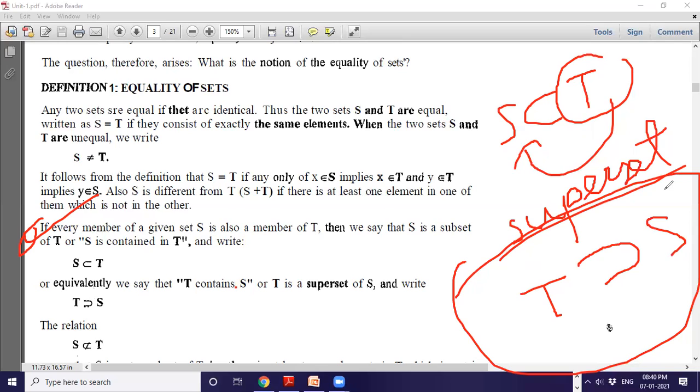So is the subset and superset concept clear? I hope this is clear. Right? So let's come to the next topic.